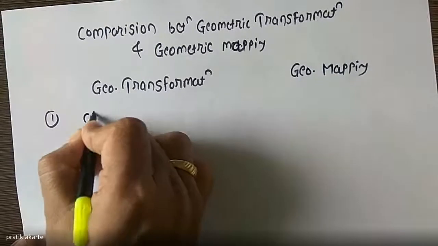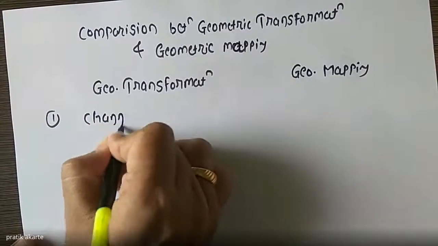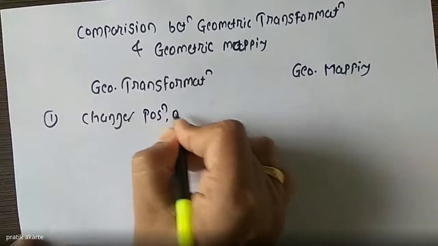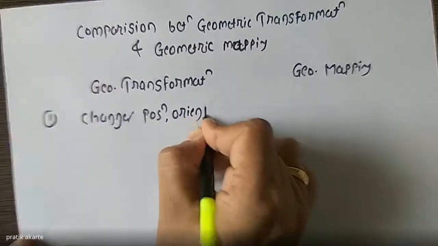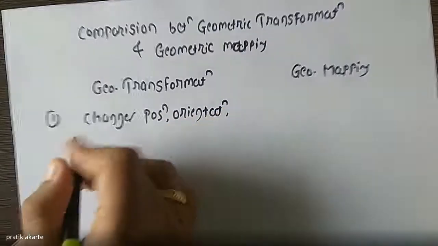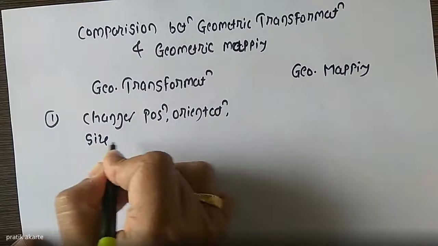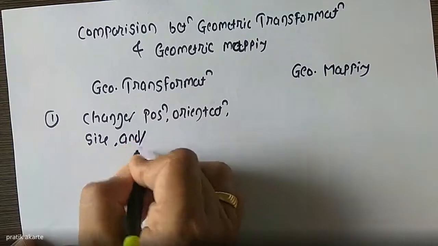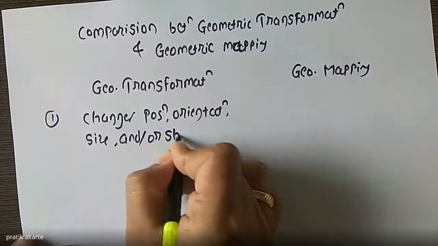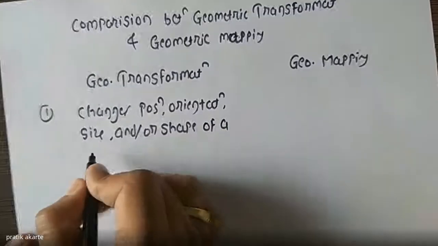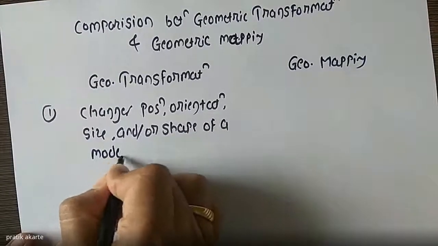So geometric transformation only changes the position, orientation, size, and or shape of a model in the same coordinate system.